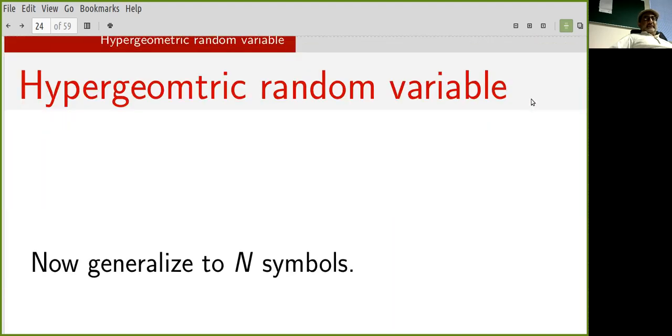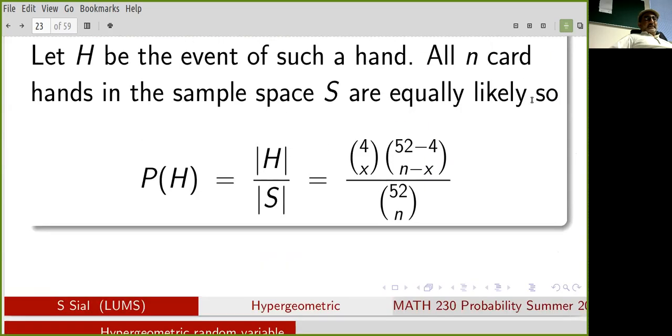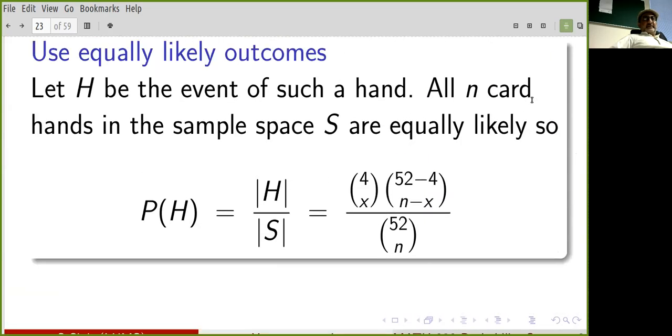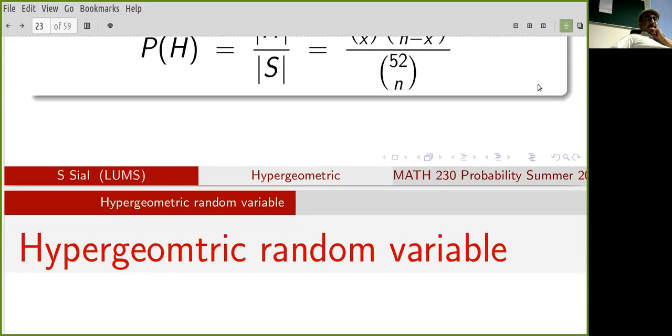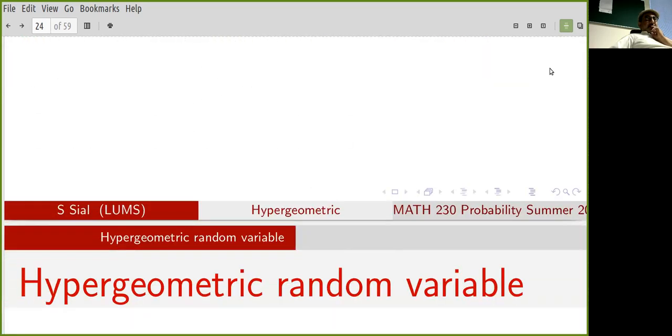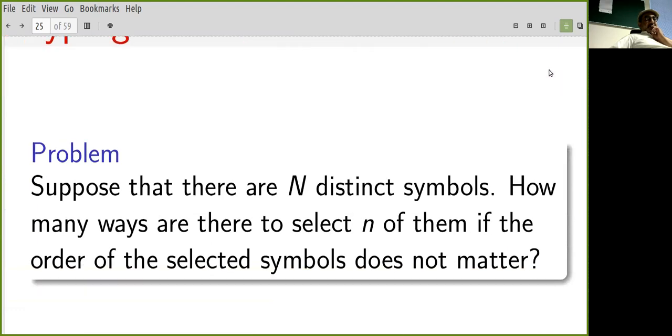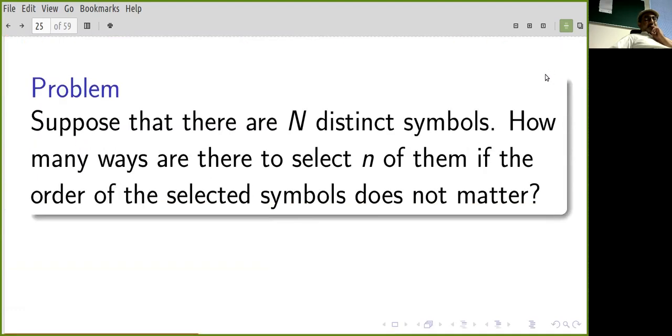Now, in this case, we have 52 distinct symbols. There are 52 distinct cards in a deck. Well, what if instead of 52, we had capital N unique symbols? So let's say there are capital N distinct symbols.